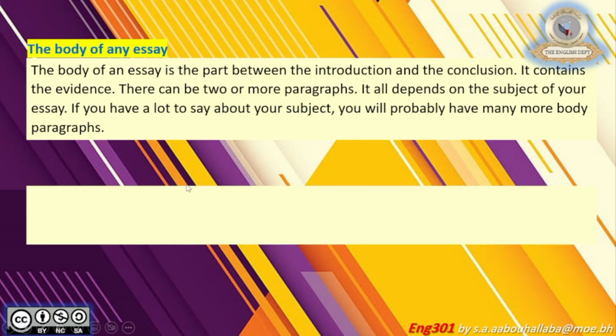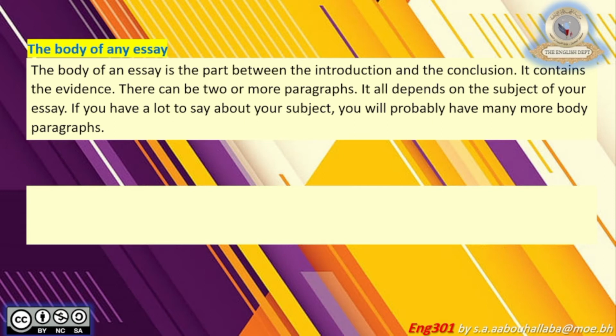We continue with some information about how to write an essay in general. The body of an essay. The body of an essay is the part between the introduction and the conclusion, and it contains the evidence. There can be 2 or more paragraphs. It all depends on the subject of the essay.